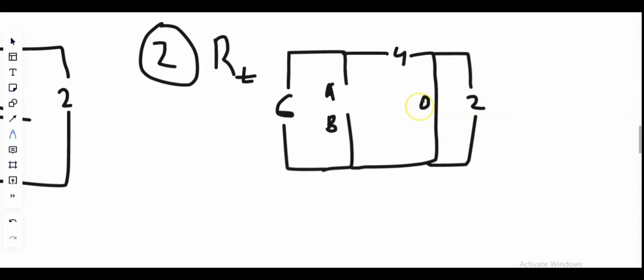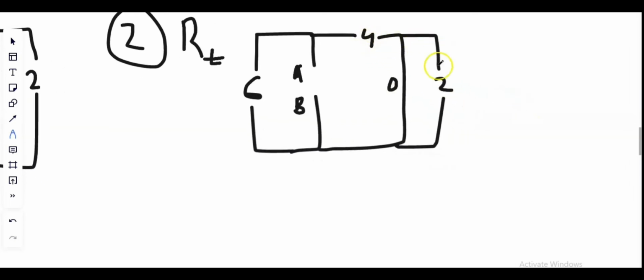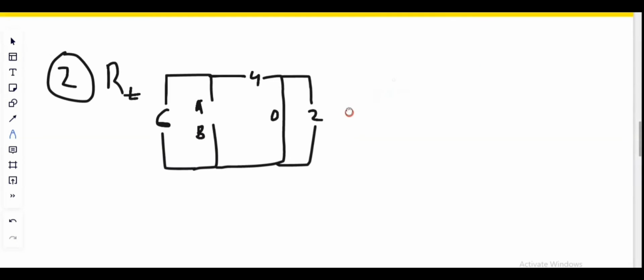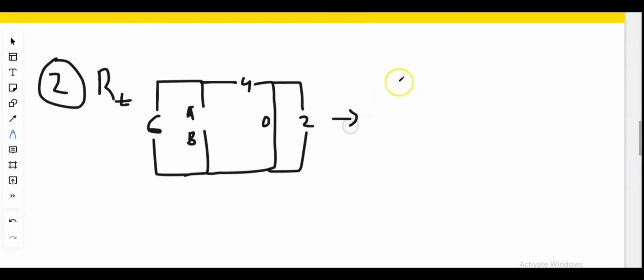So 2 and 0 are in parallel, which gives us 0 ohms in total, and the 4 ohm will replace the 0 ohm and it will become 4 ohm. Therefore 4 ohm and 6 ohm will be parallel to each other. And I have to redraw the diagram again.